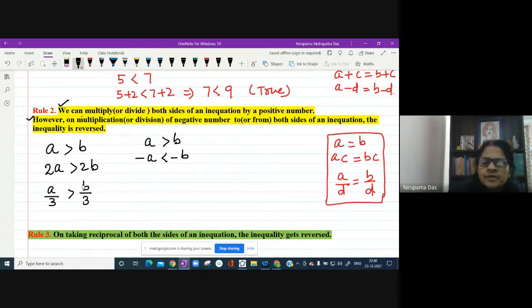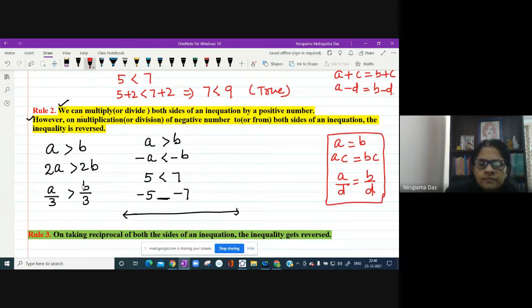Let me take one concrete example. Again, I can write here 5 less than 7. Now if I write minus 5 and minus 7, let me check. Just to show that, let me take the help of a number line. This is the number line, and let me take here 5 smaller than 7.